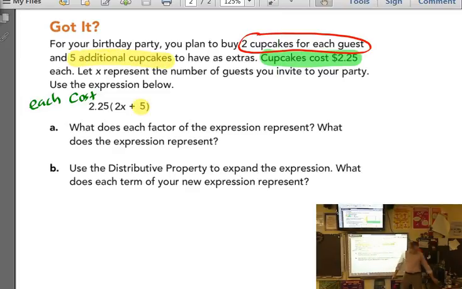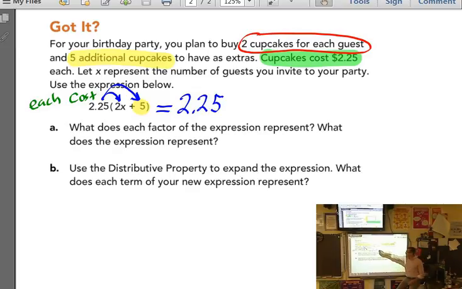So when I expand this out, CJ, can you walk me through my process? This becomes 2.25. Well, what's it multiply to first? Like, what's that first arrow tell me to multiply with?